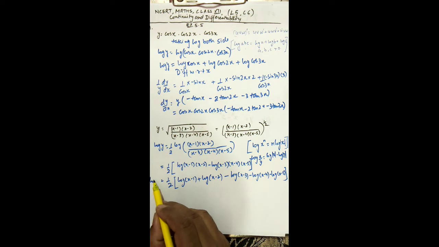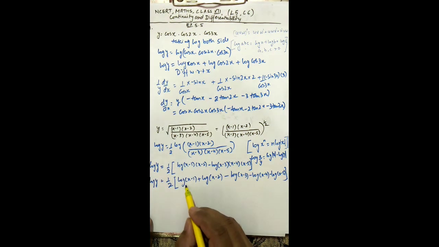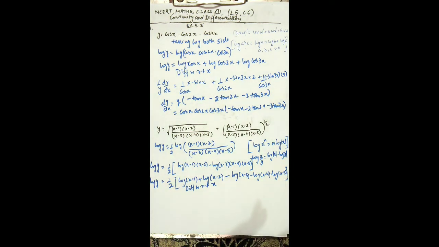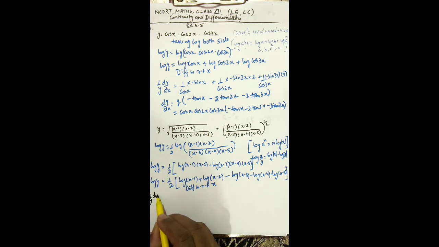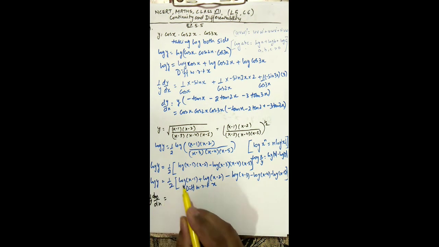Now we simply differentiate with respect to x. Now you see what comes. So this will be 1 upon y times dy by dx, and this will be 1 by 2, this is a constant and will remain outside, and this will become 1 upon x minus 1.